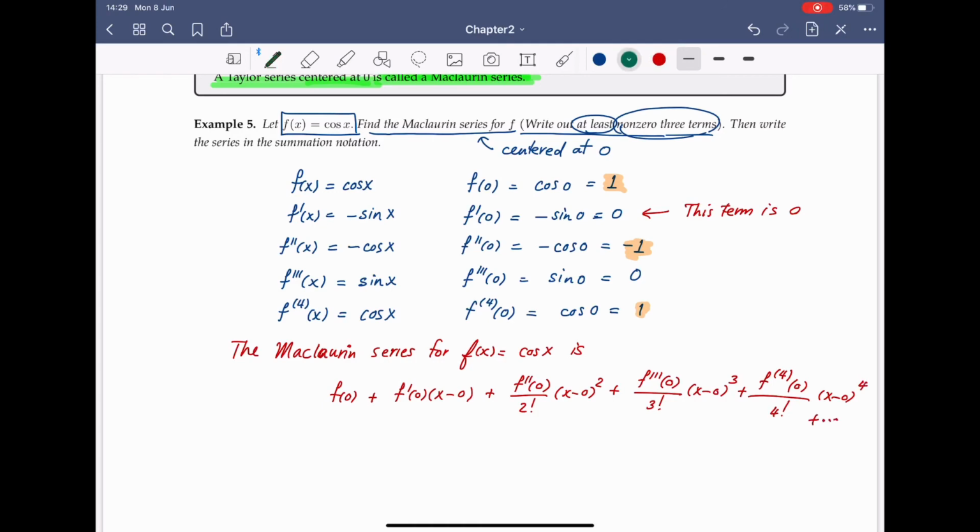As we computed before, this term goes to 0 and this term goes to 0, because we have 0 here and 0 here.